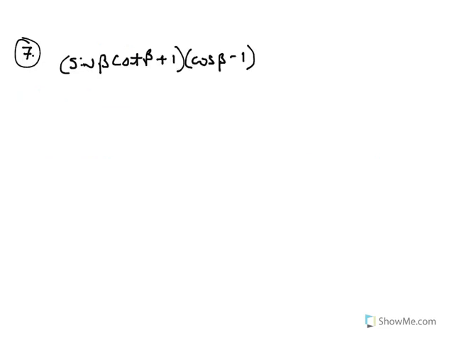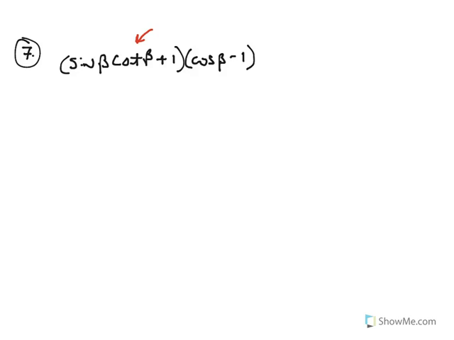And here's another one very similar to the other 2 or 3. The only difference is before multiplying this all together, you're going to want to simplify a little bit first. And what you want to notice is the cotangent right here. One of its identities is that cotangent is cosine over sine.